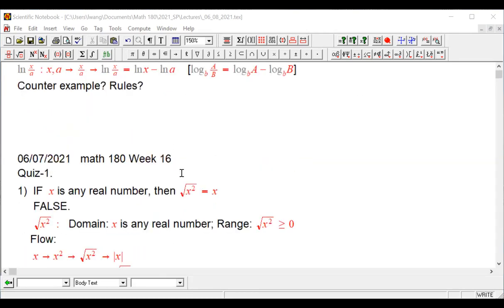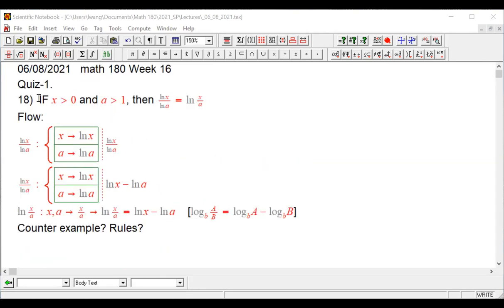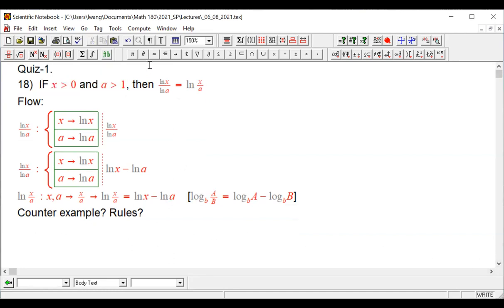Within the realm of that specification, let us assume a equals e, to make it easier to calculate. How about we make x equal to e squared? We just play around with it.